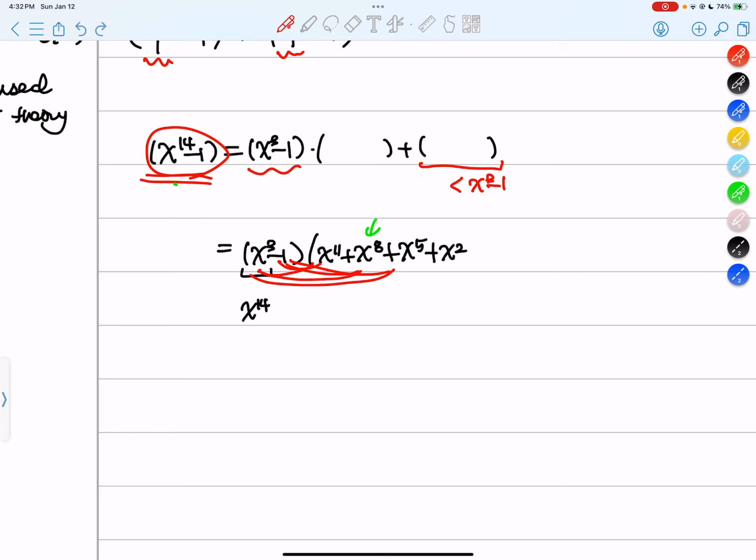That's the kind of idea here. If I do x to the power of 14, it would be this. And then if I do it here, it's this, and so on down the line.